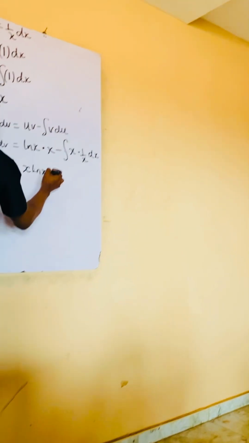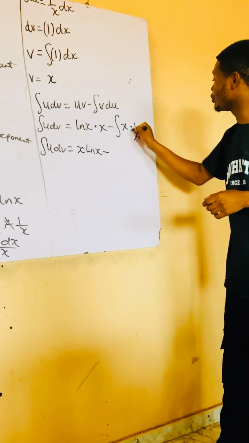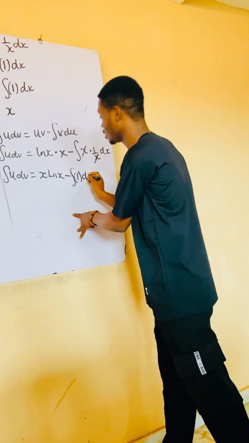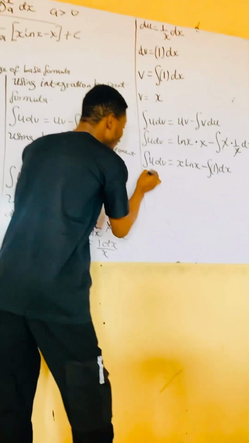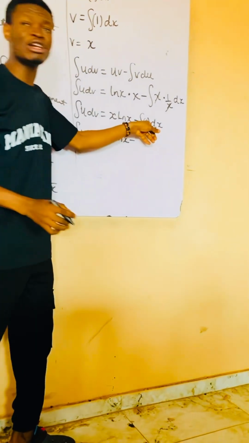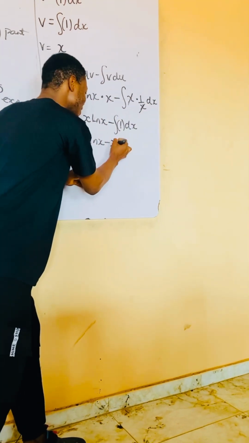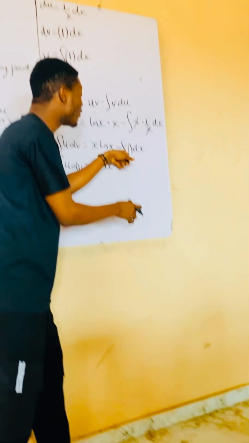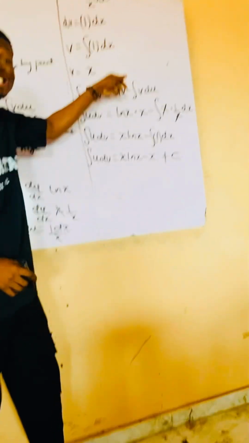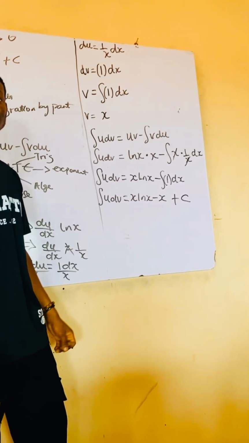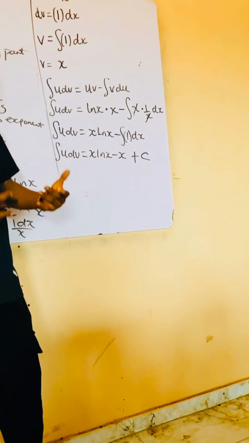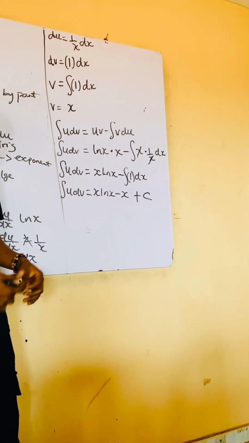Minus, we cancel the 2 x's, so we are having the integral of 1 dx. So the integral of u dv is x ln of x minus the integral of 1 dx. The integral of 1 with respect to x is x plus our arbitrary constant, because we are dealing with an indefinite integral.